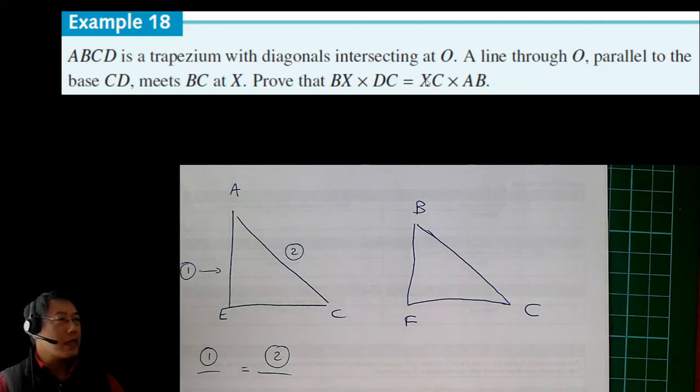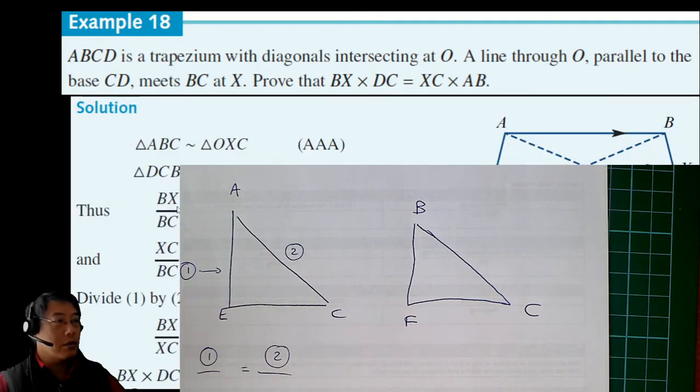So you would have the line through O parallel to the base CD. So I need a drawing. You have your A, B, C, D here. The diagonals go through O. You have a line that goes through O that needs to be parallel.